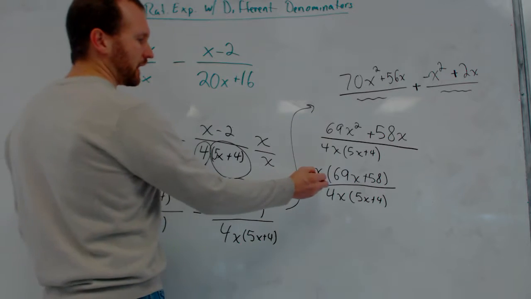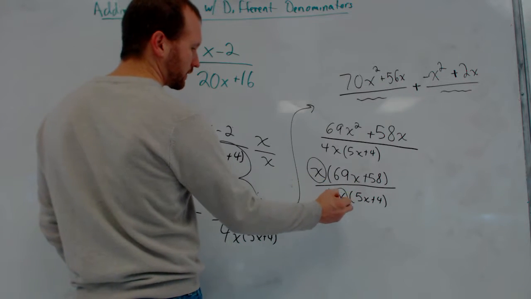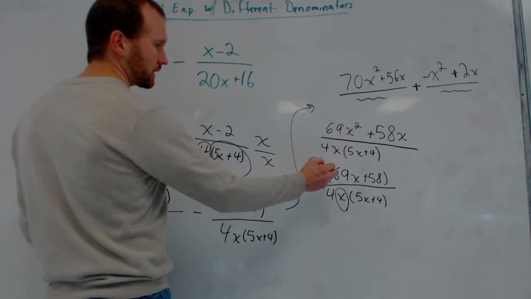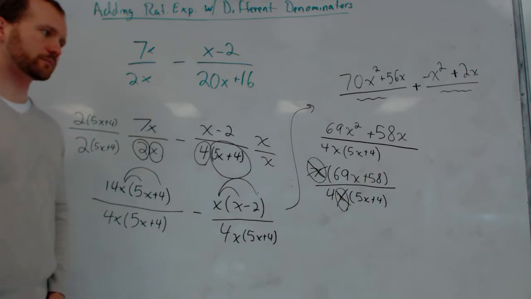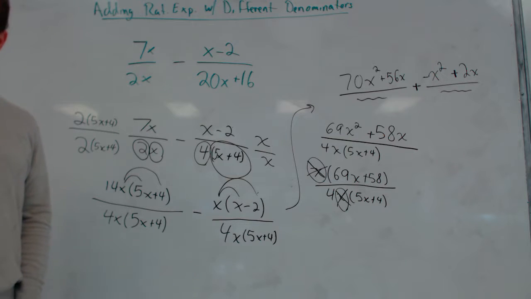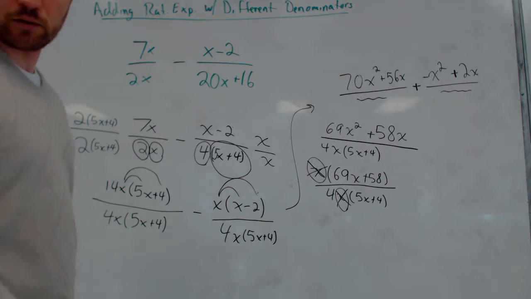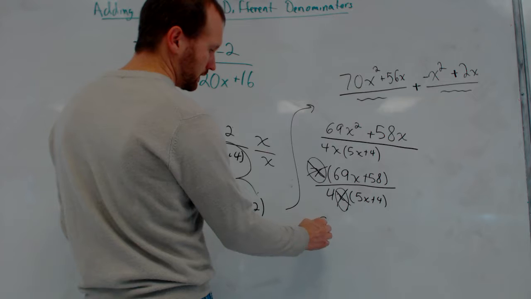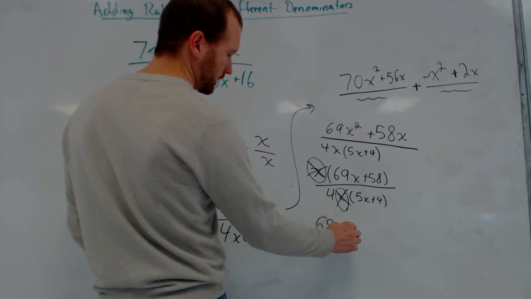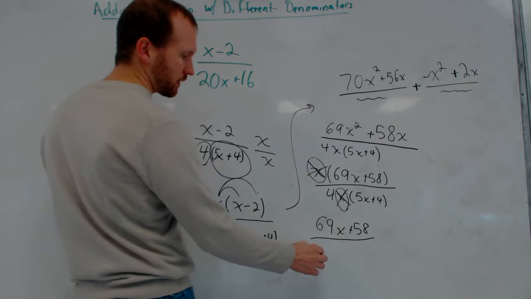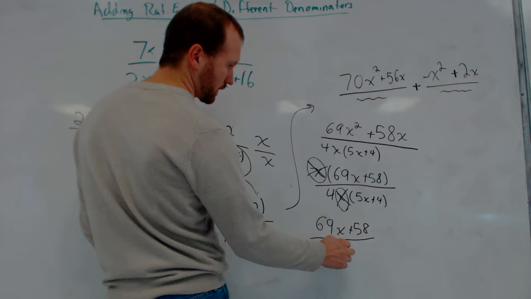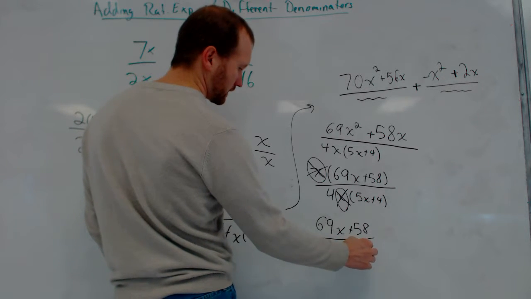Yeah, x is a factor of the top and it's a factor of the bottom. So I can cross that out. So we end up with 69x plus 58 over 4 times 5x plus 4.